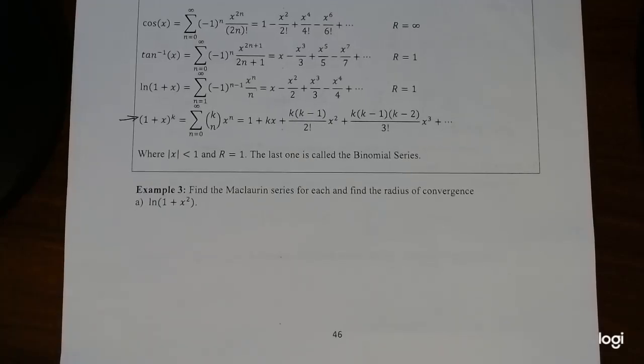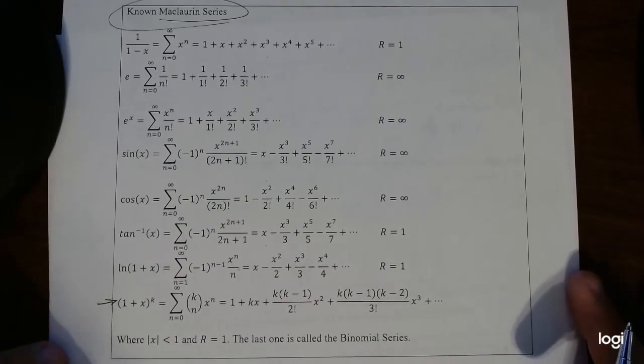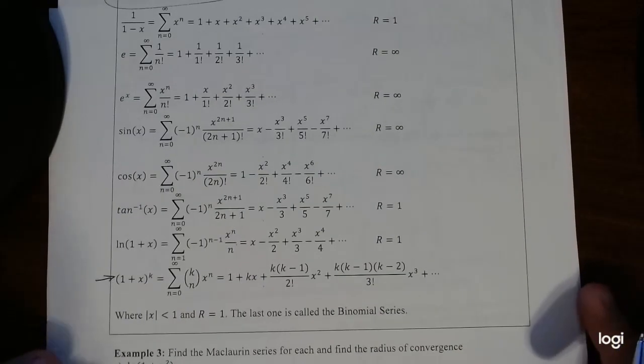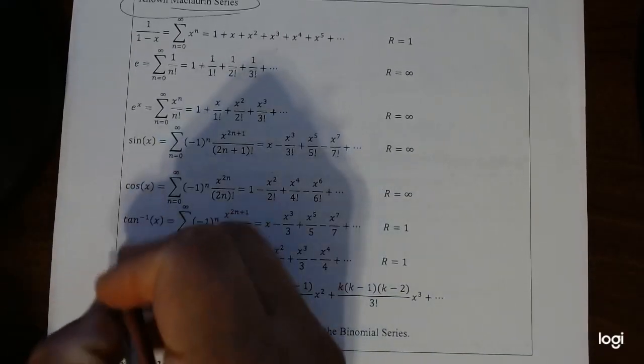This function is the natural log of 1 plus x squared. So if we go up here, the question is, can we use any of these to help us find this one? It looks like we may be able to use this one.